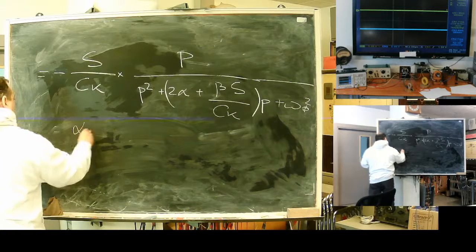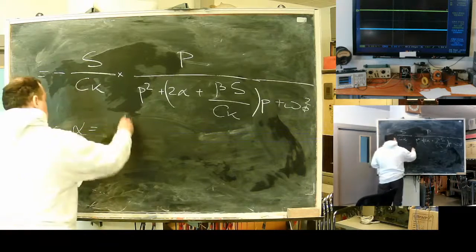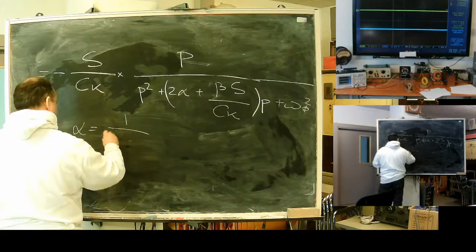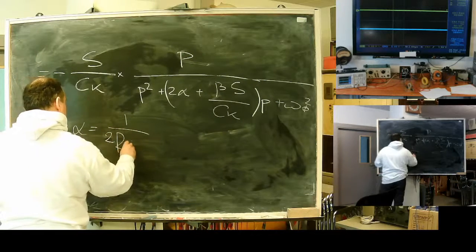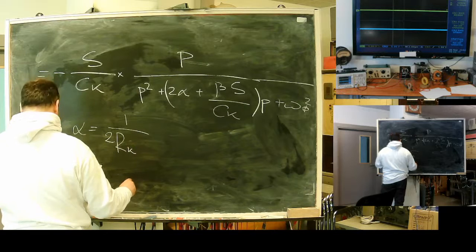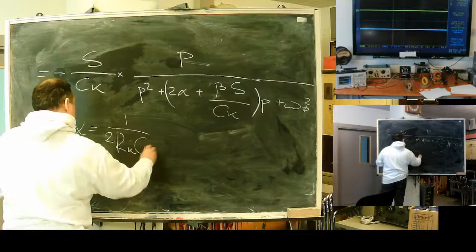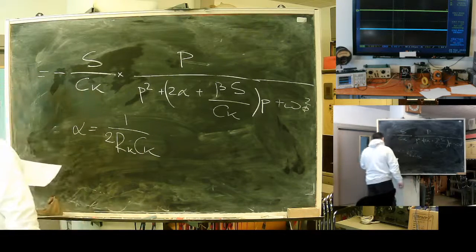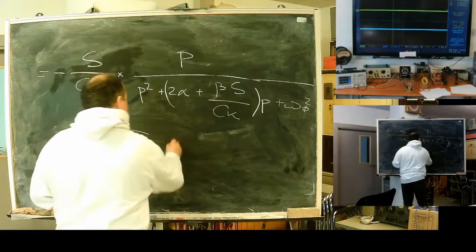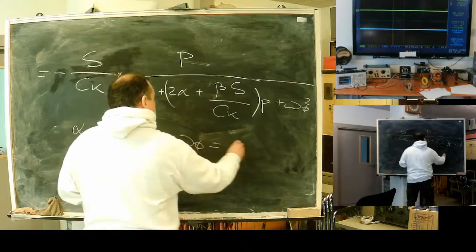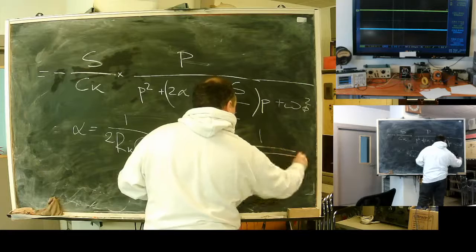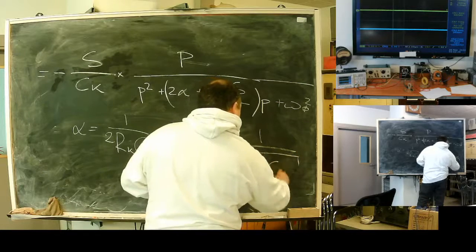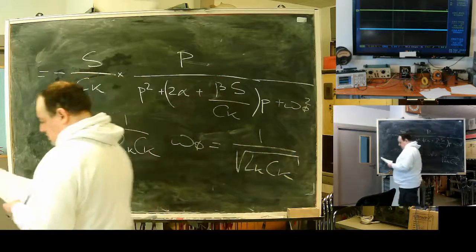Here alpha decrement is 1 divided by double contour resistance, contour capacitance, and omega 0 against 1 over square root of LC. It's a contour resonance frequency.